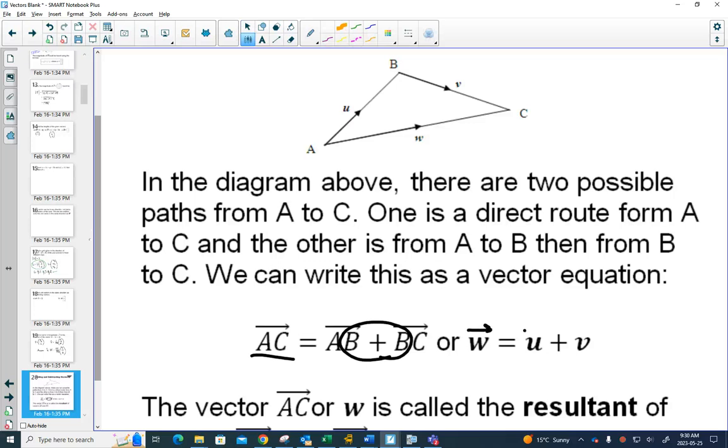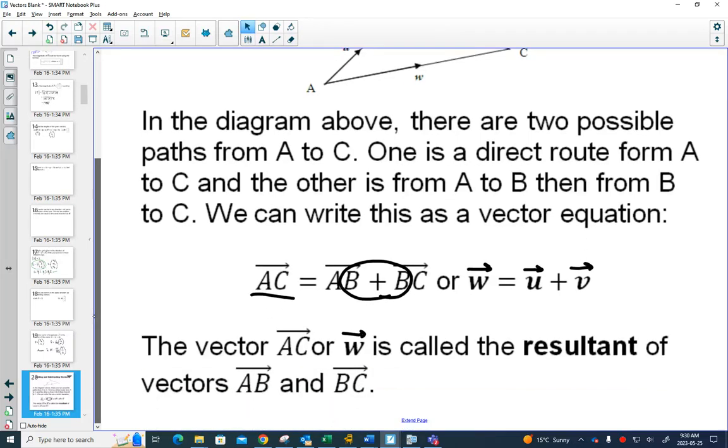And so we've got to add some arrows here. Oh, fun times. And in definition, we call the vector W the resultant of vectors AB and BC.